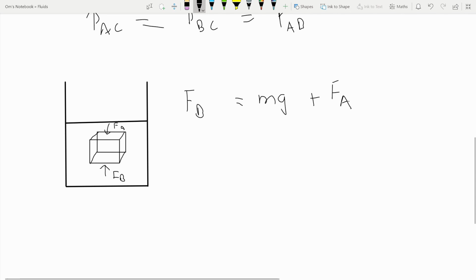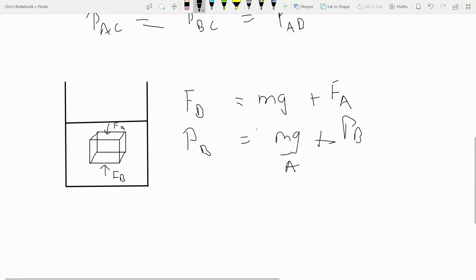If we divide the entire expression by area, we'll get an expression in terms of pressure, and that is PB is equal to mg by A plus PA.